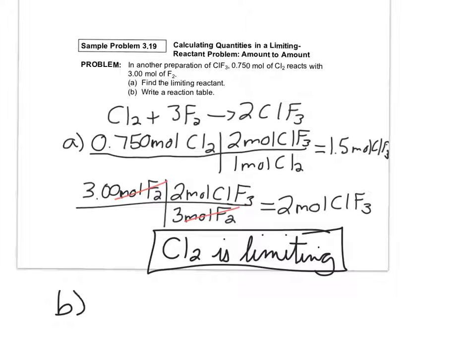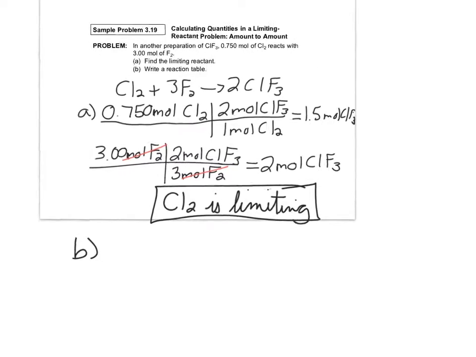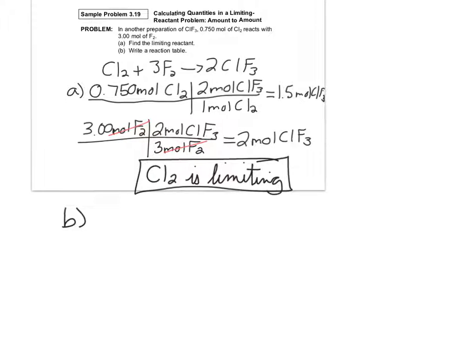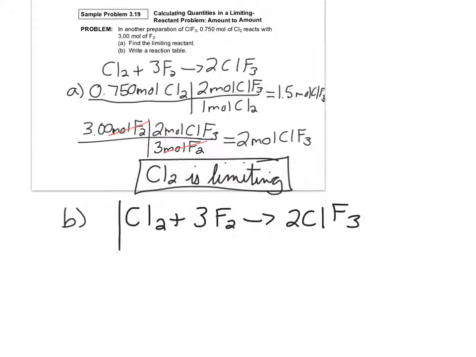Now, B part says they want us to write a reaction table for this. And so to write a reaction table, the first component is always the balanced equation. So I'm going to rewrite the balanced equation here. Cl2 plus 3F2 yields 2ClF3. And then I'm going to draw my little table here. Okay, just like that. And now we start out with initial moles or concentrations, whatever they give us here available.